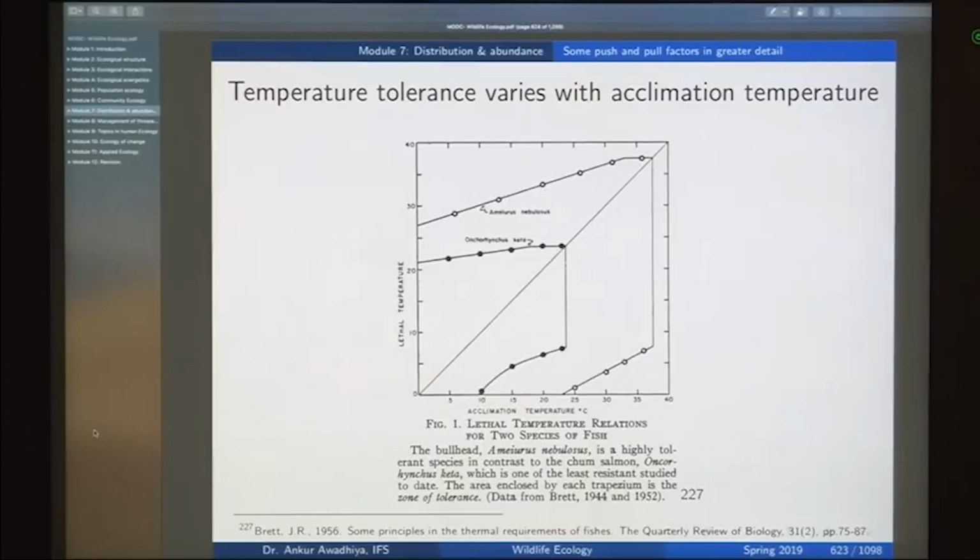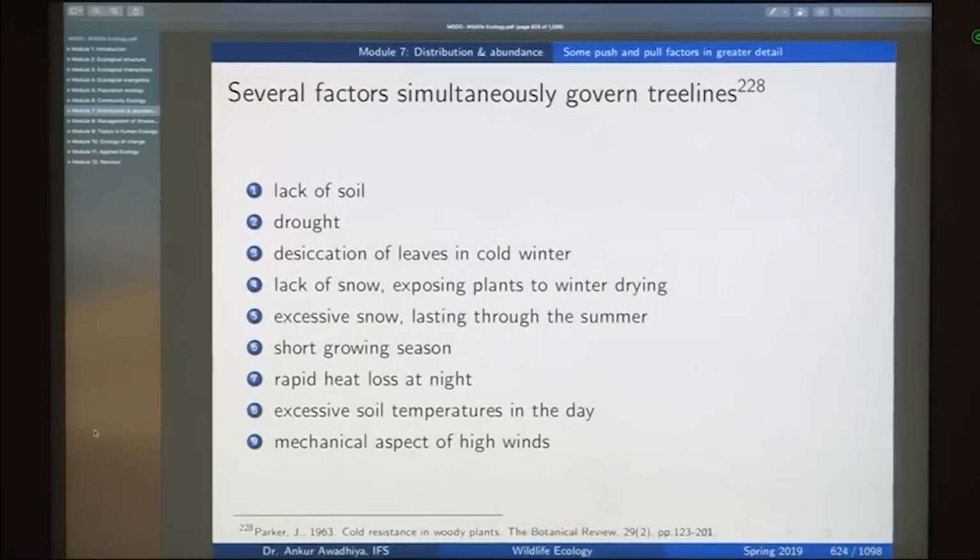Whenever we are talking about the range of tolerances, those range of tolerances can be modified by acclimation of individuals. So, if you have individuals that have been living in higher temperatures, they will probably be able to tolerate much higher temperatures as compared to other individuals of the same species that were living in lower temperatures. Then we also looked at one other variation, that several factors can be simultaneously governing the presence or absence of a particular species in a particular area.